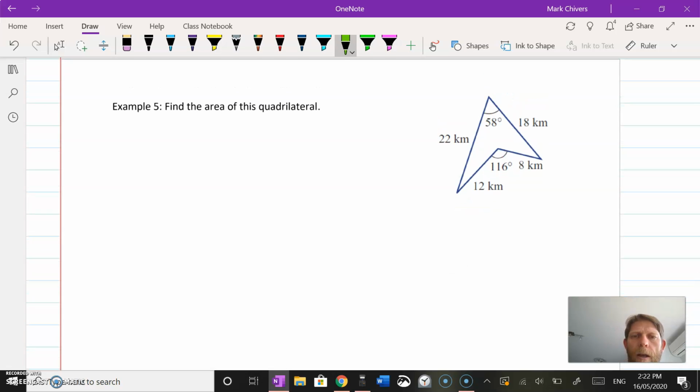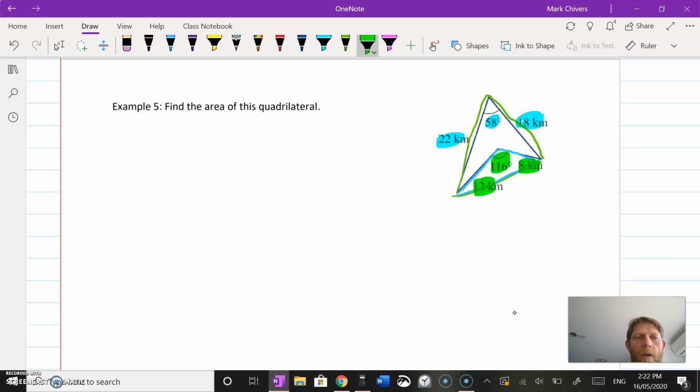Now for this one, if I find the area of this triangle here, and then if I take away this little triangle here, that will give me everything I need. For the big triangle, I've got 2 sides and the included angle. And for the little triangle, I've got 2 sides and the included angle.